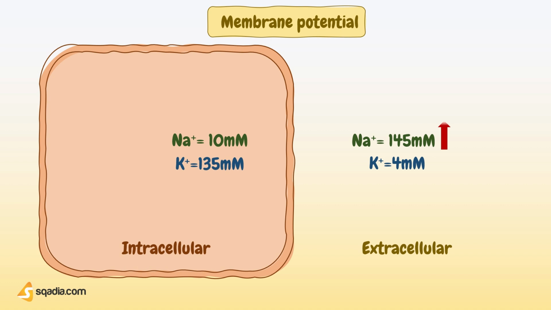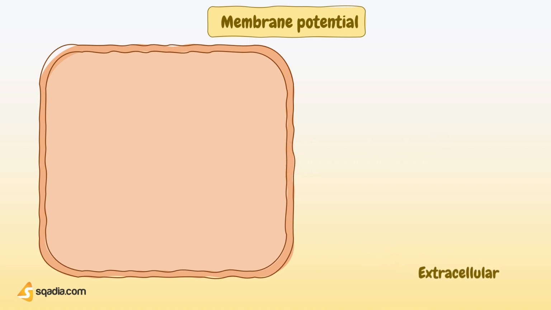So we see that there is more concentration of sodium outside the cell, while more concentration of potassium inside the cell. And this imbalance occurs due to the leakage of certain ions via ion channels. Let me explain in detail.